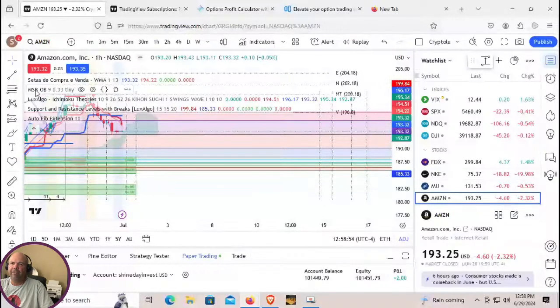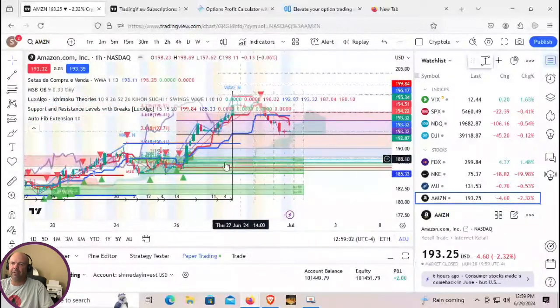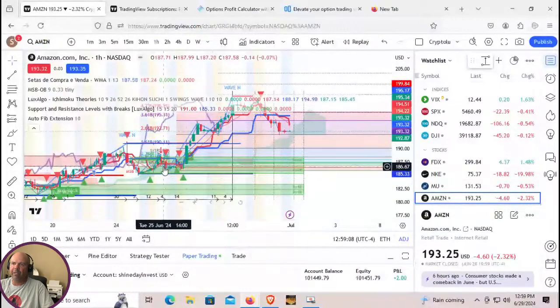Then I have this MSB-OB that I use for the blocks. As you can see, every time a block prints, it's normally a buy position, and when the price hits it, the candles go ballistic up.